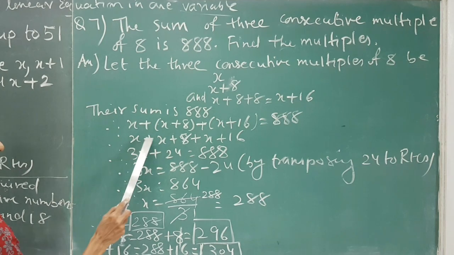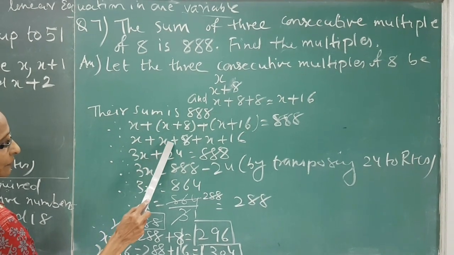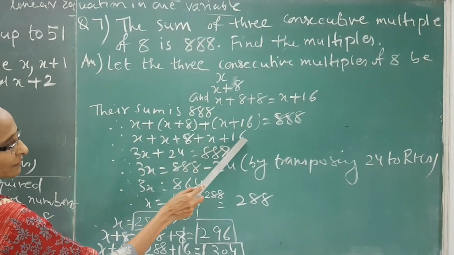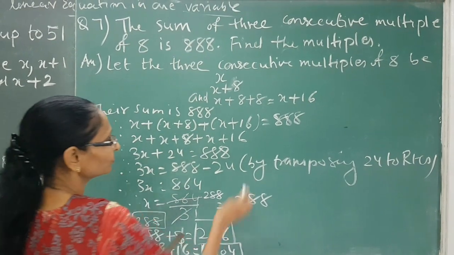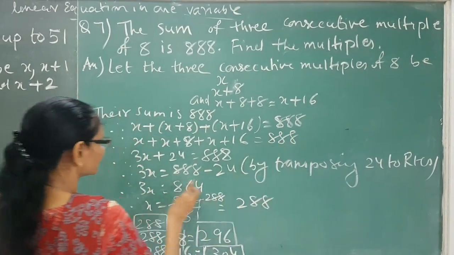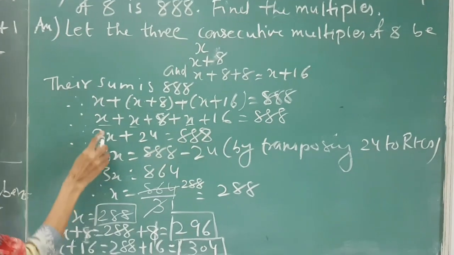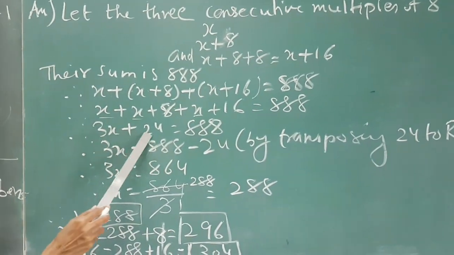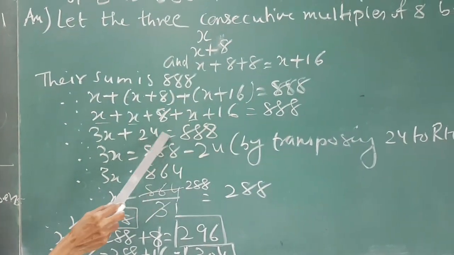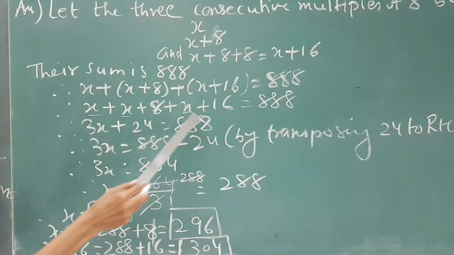Therefore, x plus (x plus 8) plus (x plus 16) is equal to 888. Now opening the brackets, x plus 8 plus x plus 16 is equal to 888. Now putting like terms together, so 3x plus 24, 8 plus 16 is 24, is equal to 888.